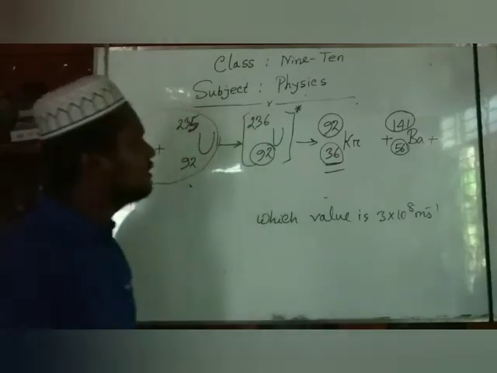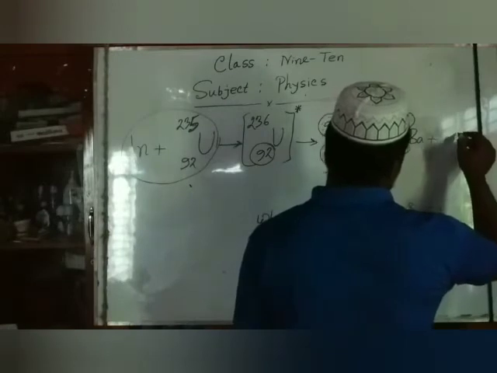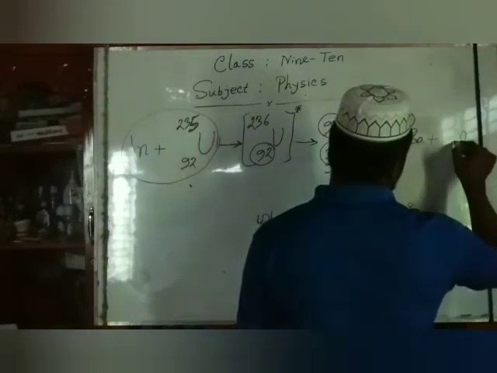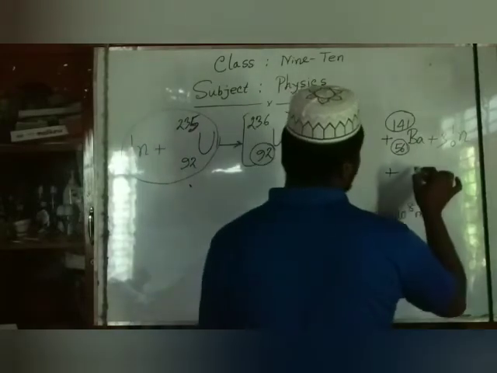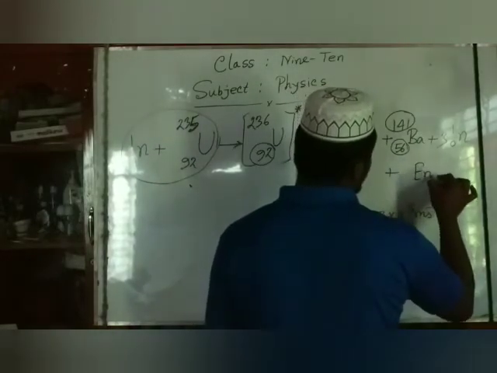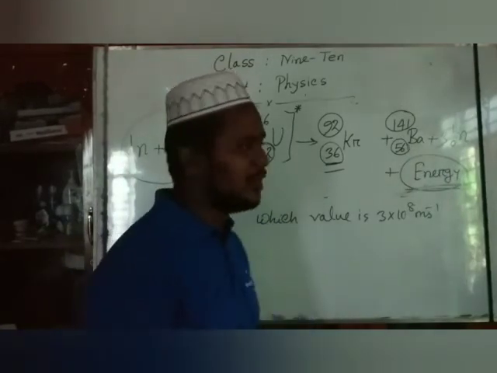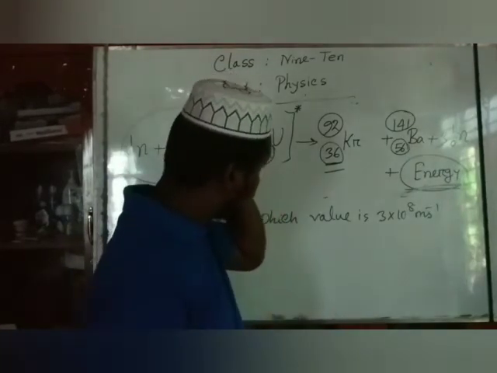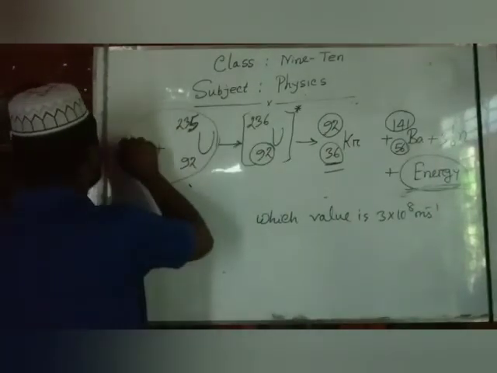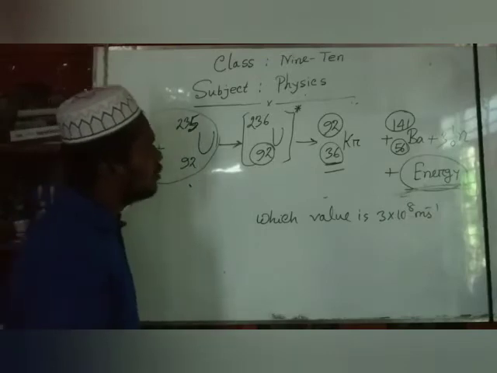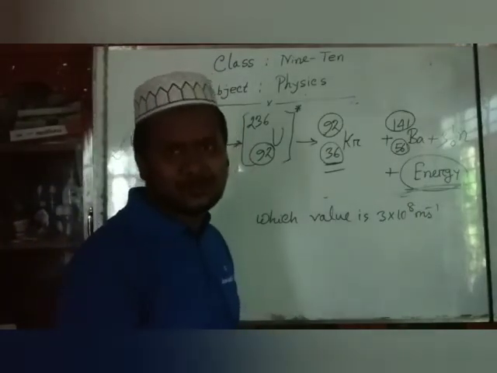Then we say that 3 neutrons are produced, plus energy. This is the energy of the energy-mass relation. So this reaction is also a nuclear reaction, which is called the nuclear fission reaction.